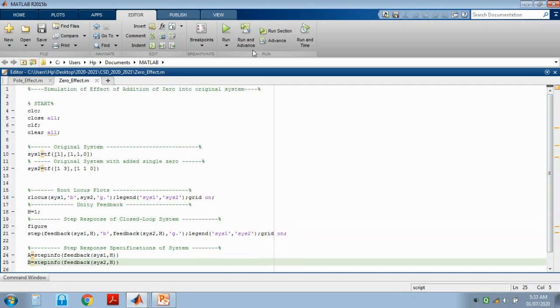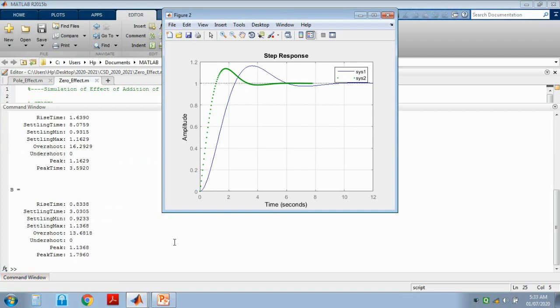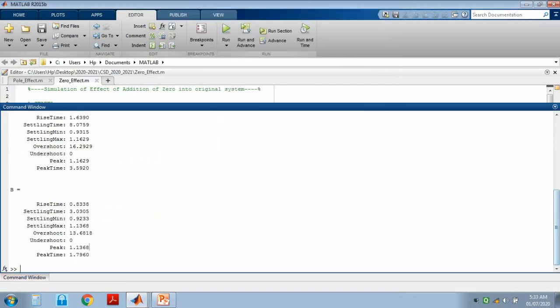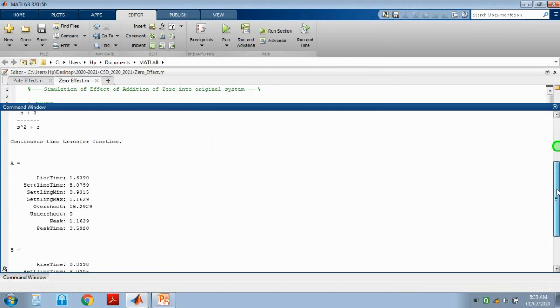So let me run the code first. It is observed that MATLAB is busy right now giving the simulation results. Once the execution is complete, we have this window in front of us.